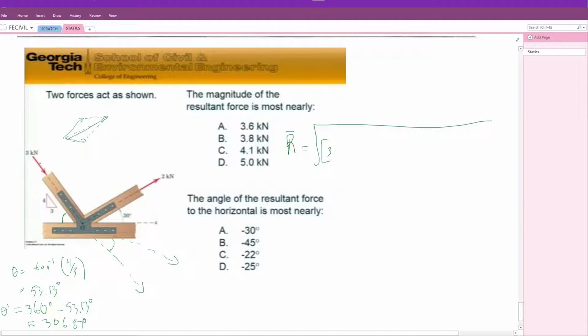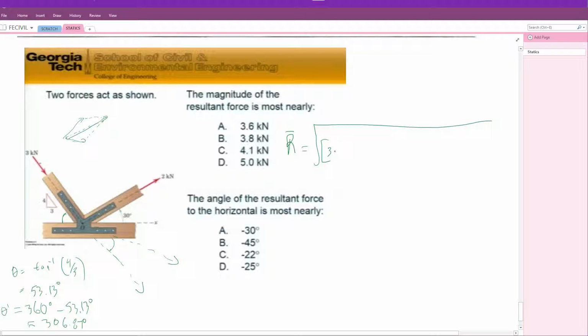Okay, so it's going to be 3. Since we're dealing with the x components, we're just going to do cosine, and I'm not going to deal with negative numbers. I'm going to let the cosine figure it out.